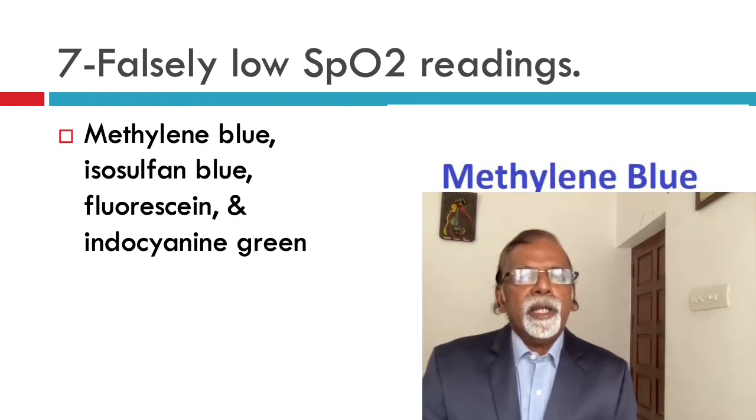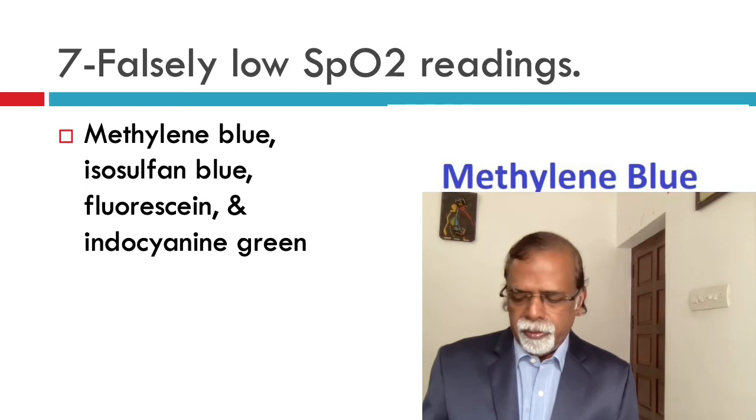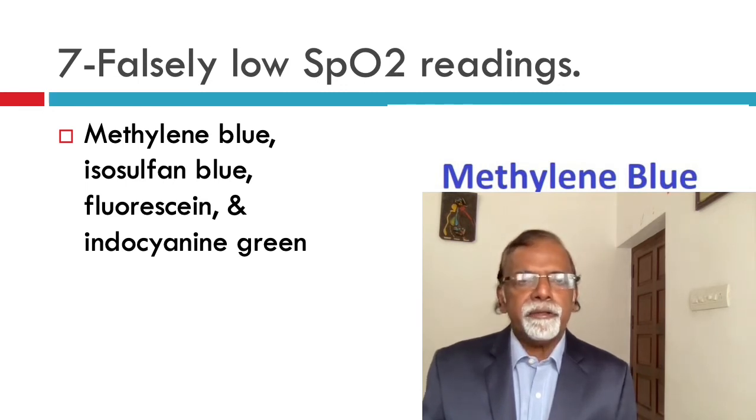We can get falsely low SpO2 readings when the patient is given methylene blue, or fluorescent dye, or indocyanine green. So that should also be kept in mind. So these are the factors that will interfere with the measurement of SpO2.